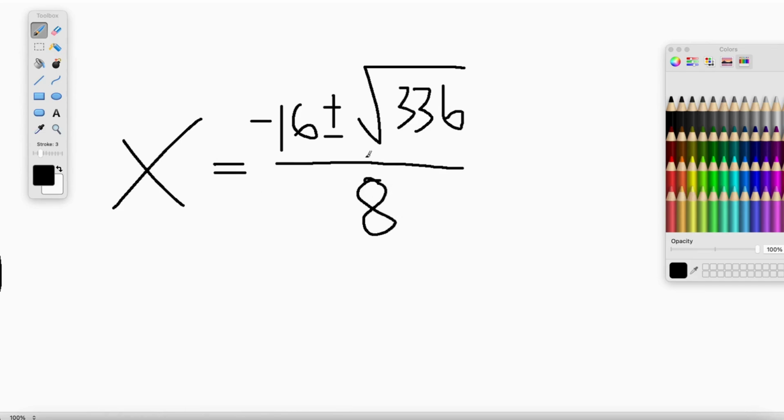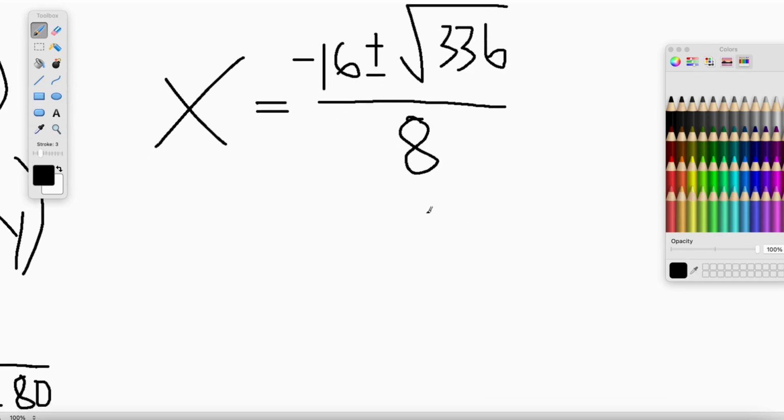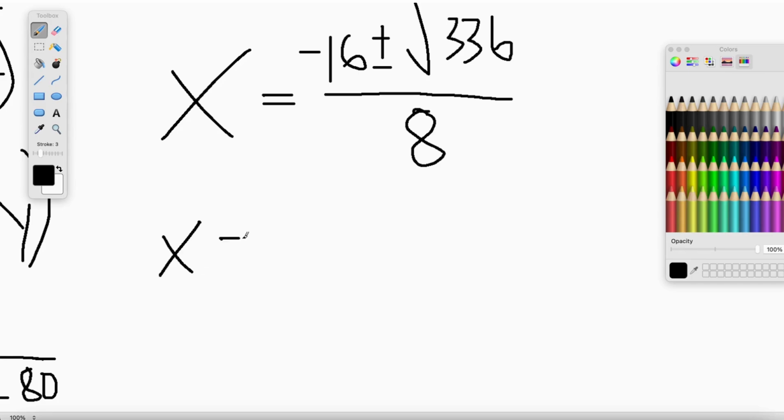Now what I immediately want to do here is to split the equation into the two groups. So x equals negative 16 divided by 8 is negative 2. Negative 2 plus or minus the square root of 336 over 8.